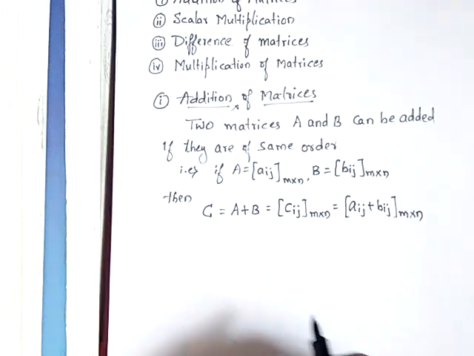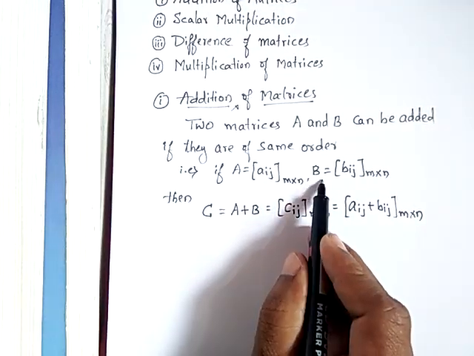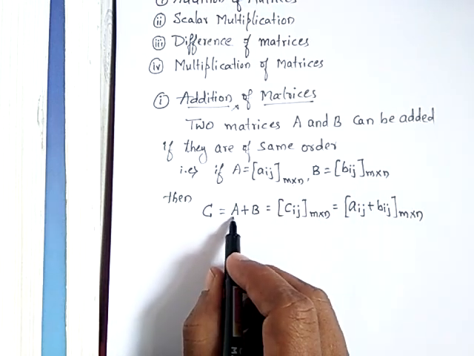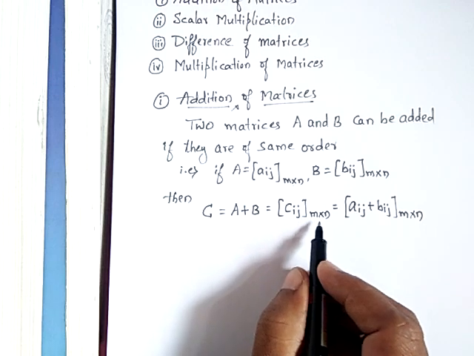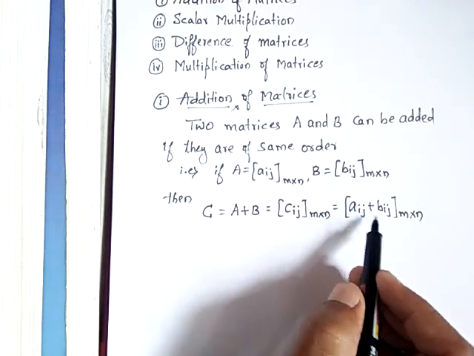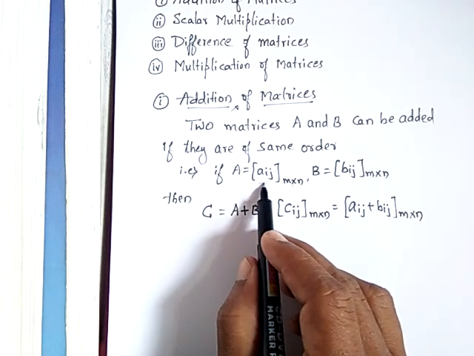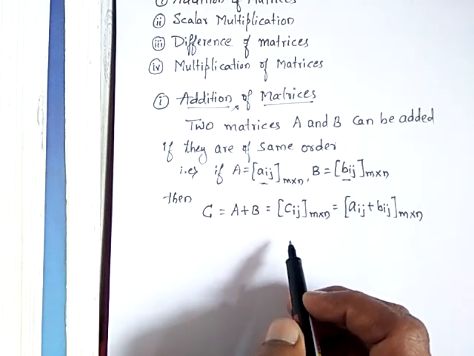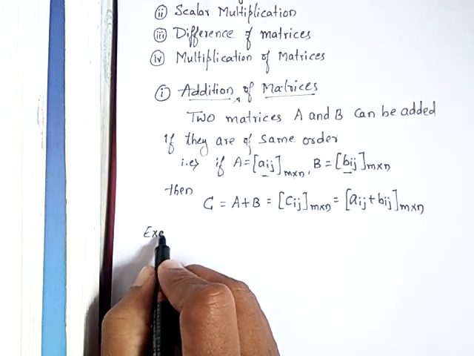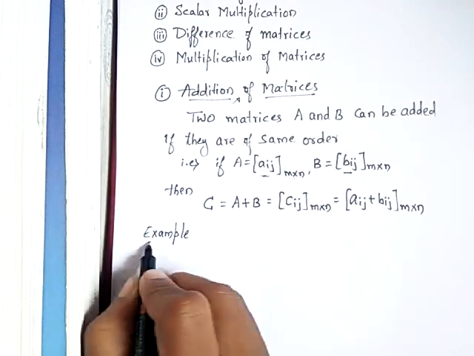Means A and B are matrices of the same order m by n, then you can add A plus B. So one example we will take, so that you will get the idea here.